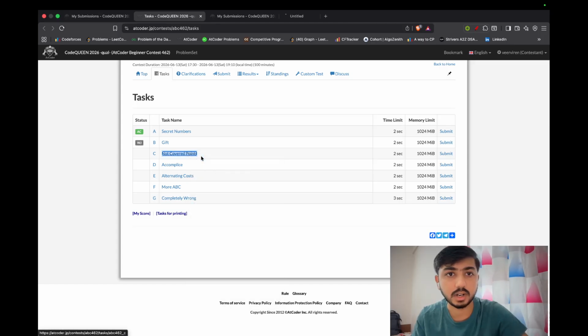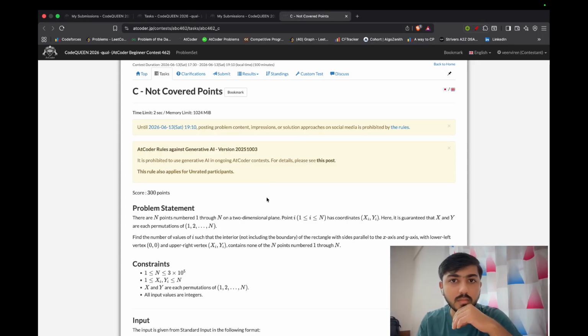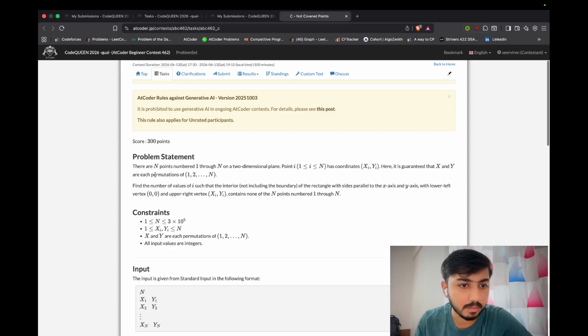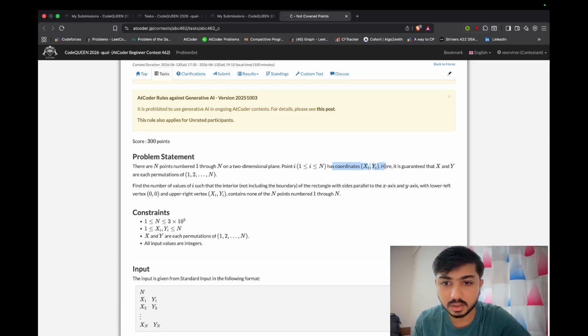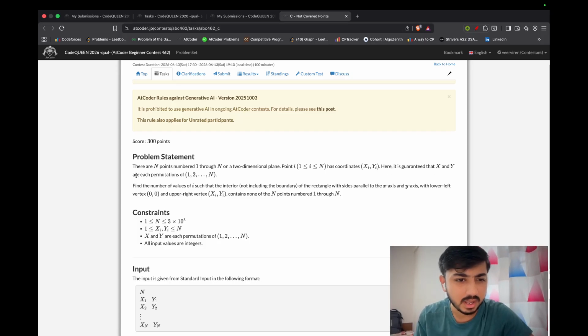Okay, let's move to the third question. Not covered points. There are n points numbered from 1 to n in a two-dimensional plane, and point i has coordinates x, y. Here it is guaranteed that x and y are each a permutation of 1 to n.